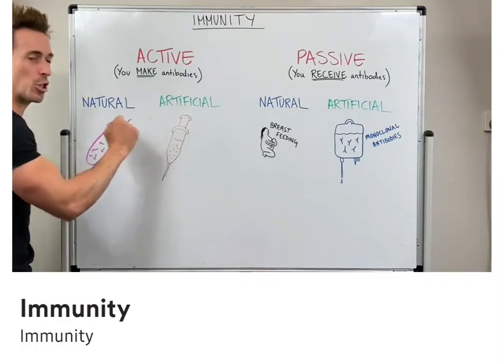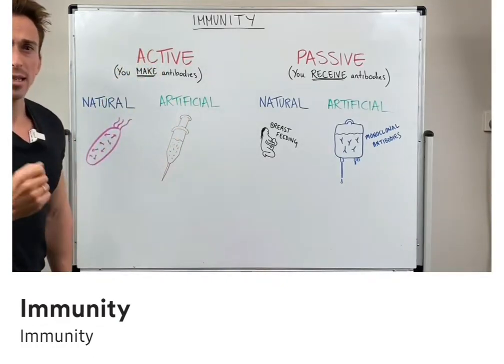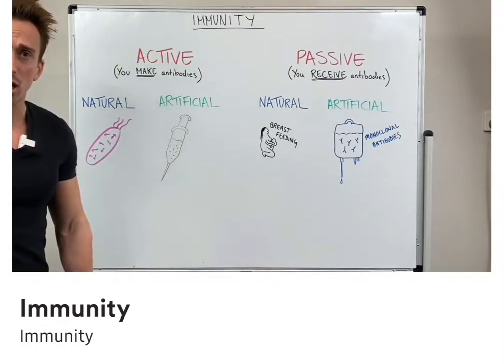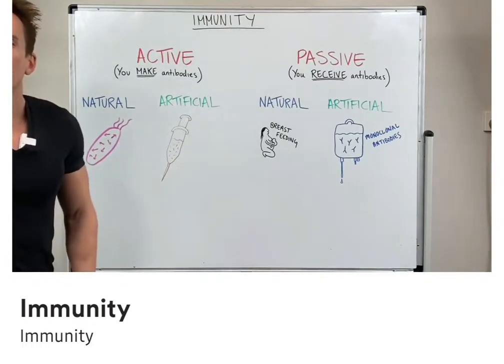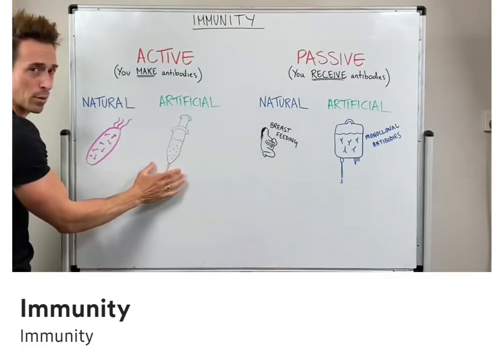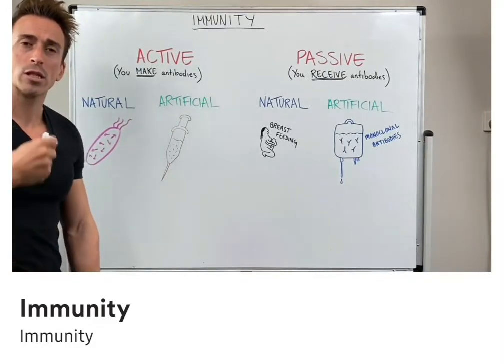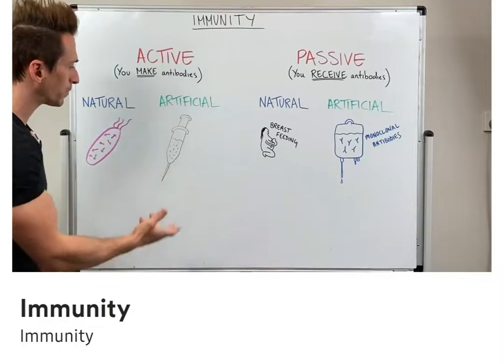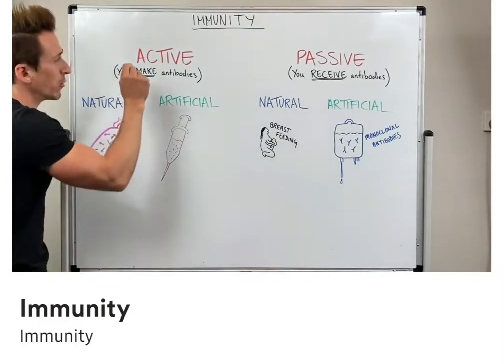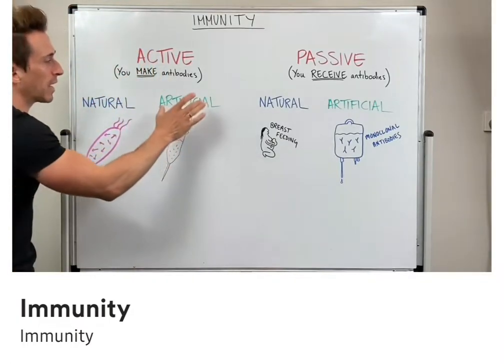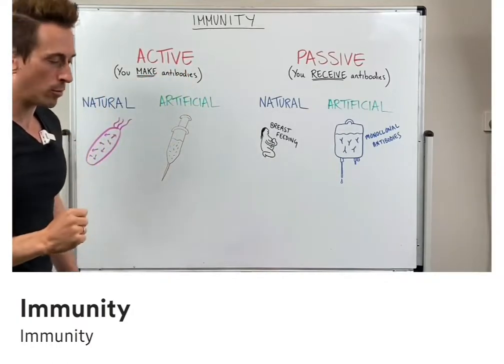When we look at artificially acquired active immunity, this is simply where you get the antigen through some artificial means. A specific example of this is when you get a vaccination. A vaccine will contain an antigen, whether it's live or attenuated, for example, but they're still antigens and your body still creates antibodies against them. That's artificially acquired active immunity.